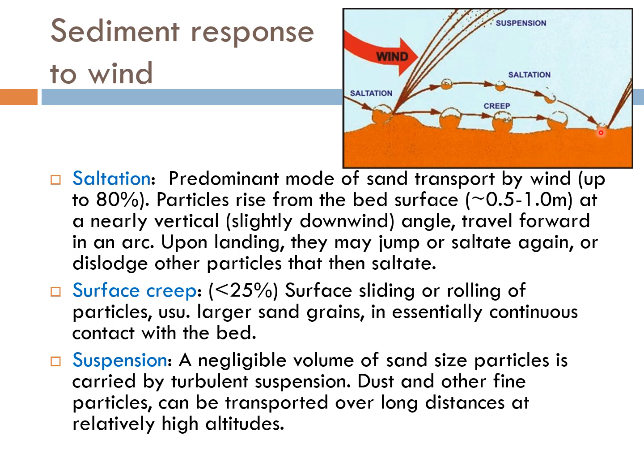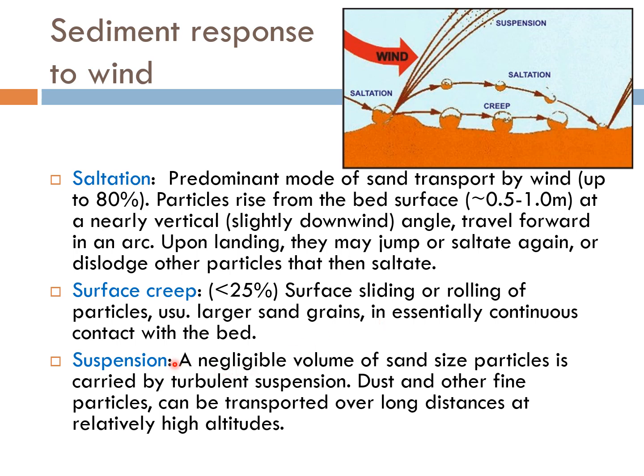Surface creep, meanwhile, is usually less than 25% of the sediment movement. It involves sliding and rolling of sand particles on the surface. Usually, this applies to larger grain size, whereby the grains never leave the ground surface, but still they are able to move under the action of the wind.